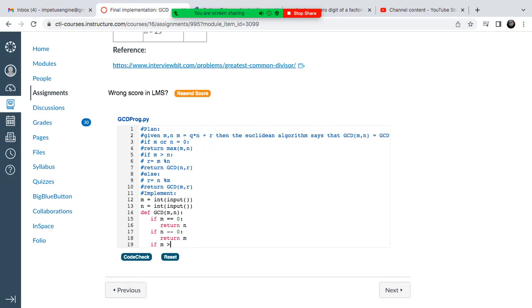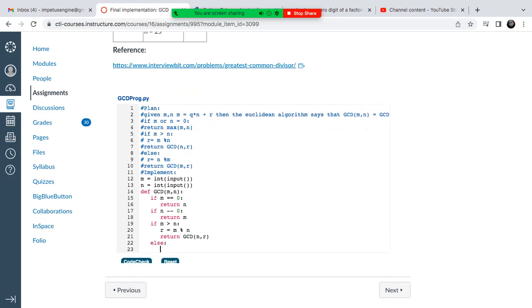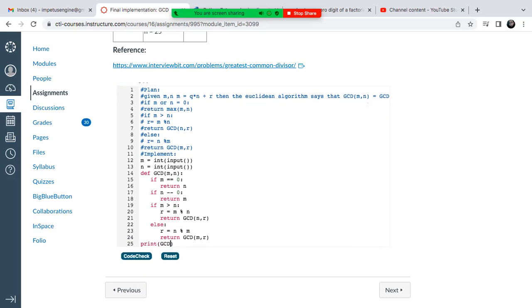If m is greater than n, we set r equals m mod n and return the GCD of m and r. Else, in the other case, r equals n mod m and we return GCD(m, r). Then we print out the GCD, and we're done.